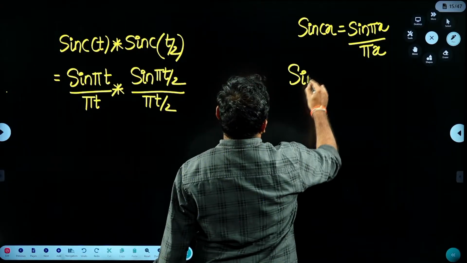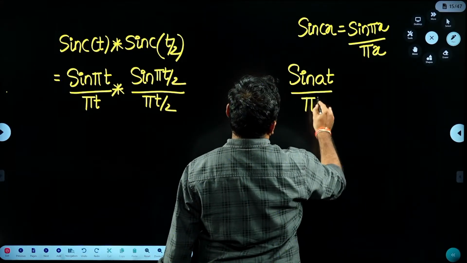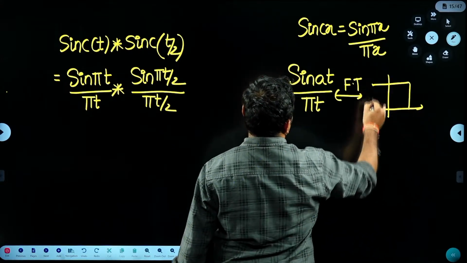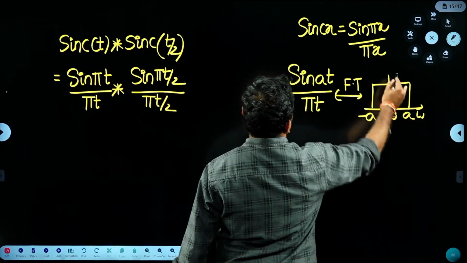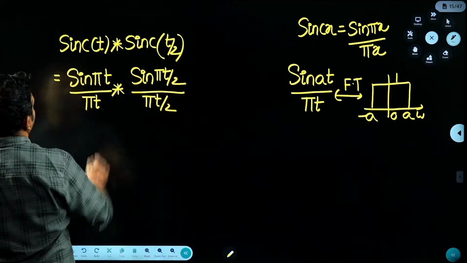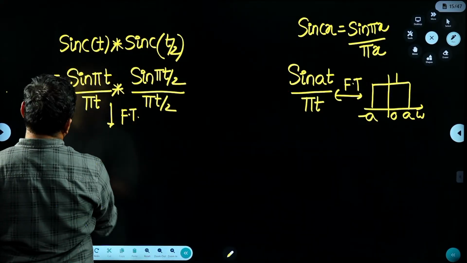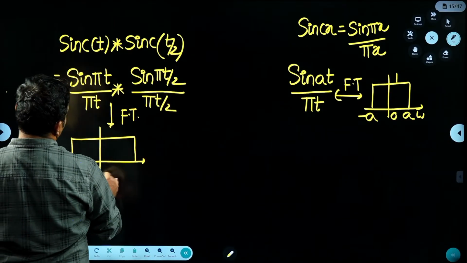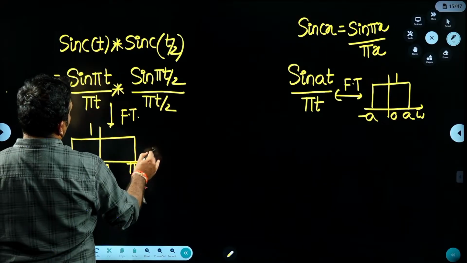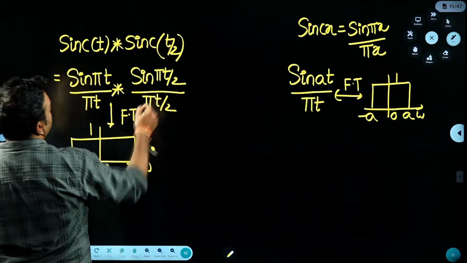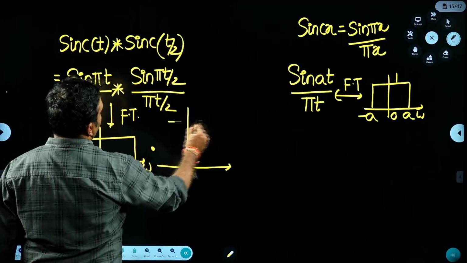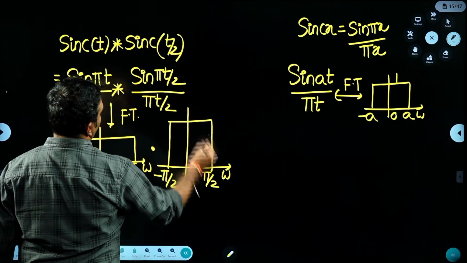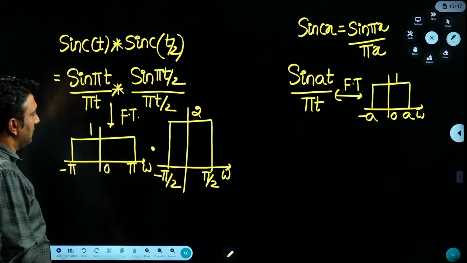Just now we used in one of the examples, sin a t by pi t has its spectrum as a rectangle from minus a to a. So if I take Fourier transform here, the first term's rectangle covers from minus pi to pi. Convolution becomes multiplication. Again sin a t by pi t form, it is another rectangle from minus pi by 2 to pi by 2 with extra amplitude of 2, our standard form.